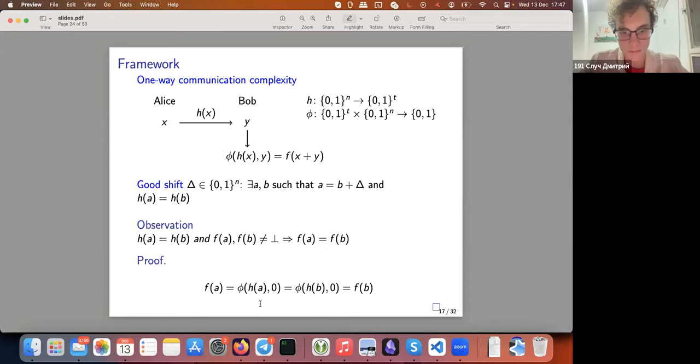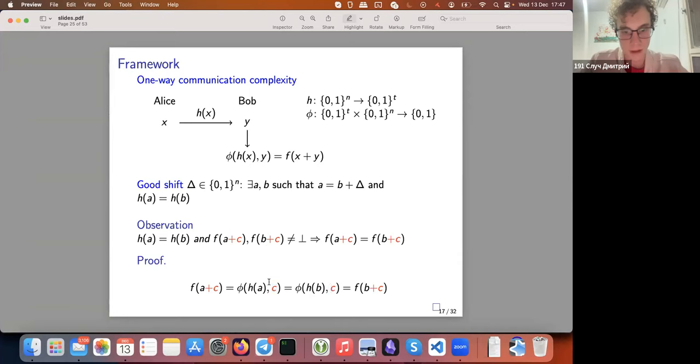That's because Bob has to answer correctly, so these equalities hold, and this equality holds because h of A is equal to h of B. So these 2 values are equal, but only if f is defined on points A and B. And we can do a little bit better. We can substitute C as a second argument here.